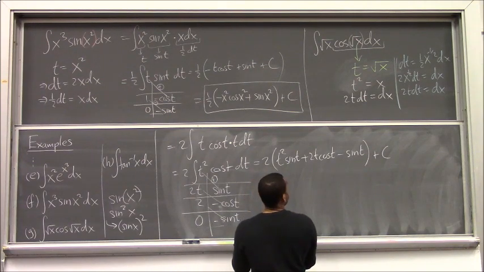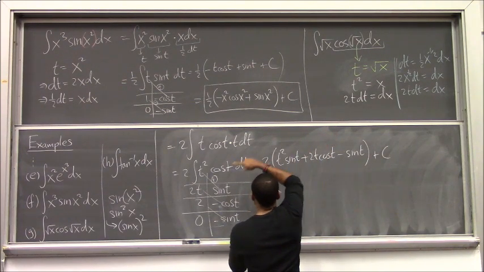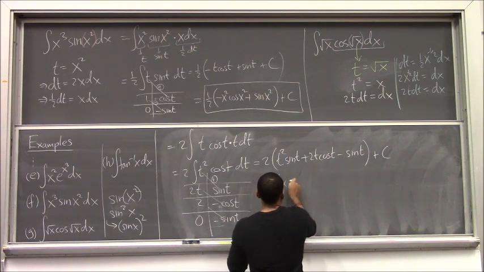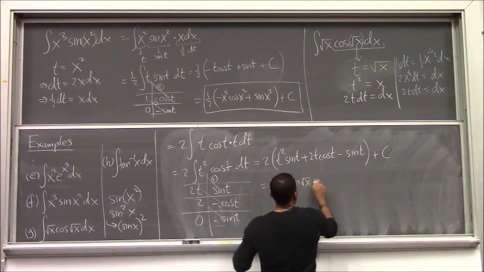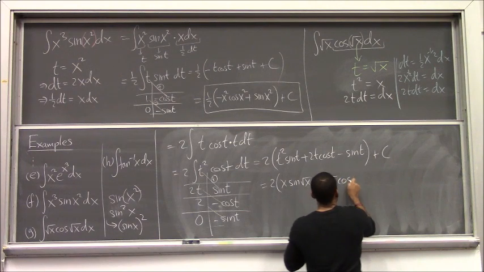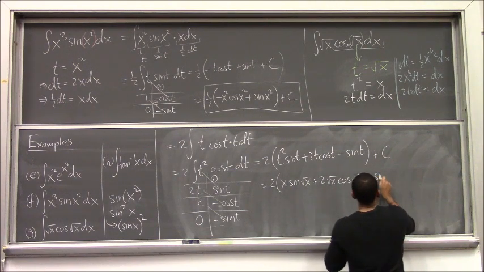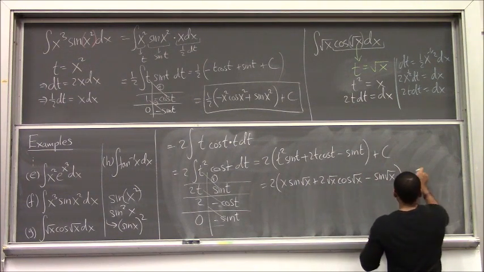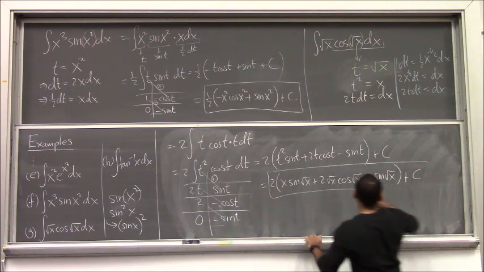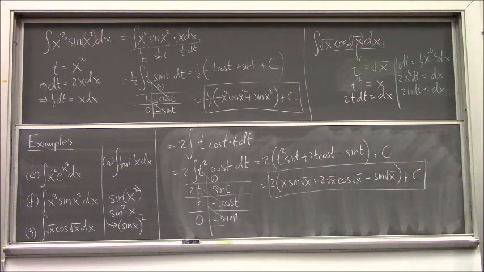And my t is radical x. So that's just going to be x. That's going to be the answer.